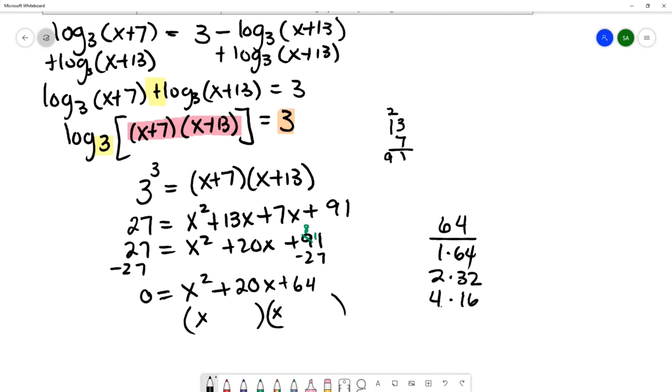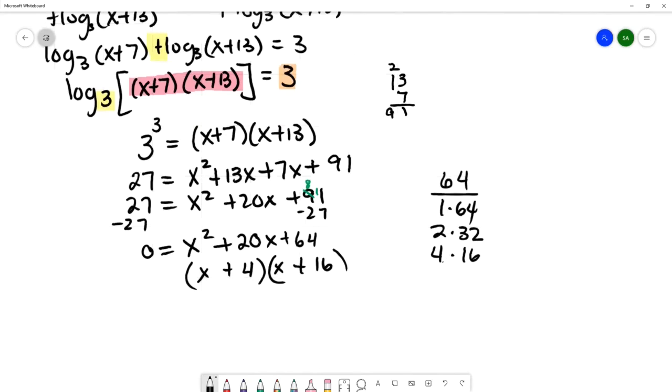So I've got x plus 4 and x plus 16. And I'm able to set each one of these factors equal to 0 and get x equals negative 4 and x equals negative 16.